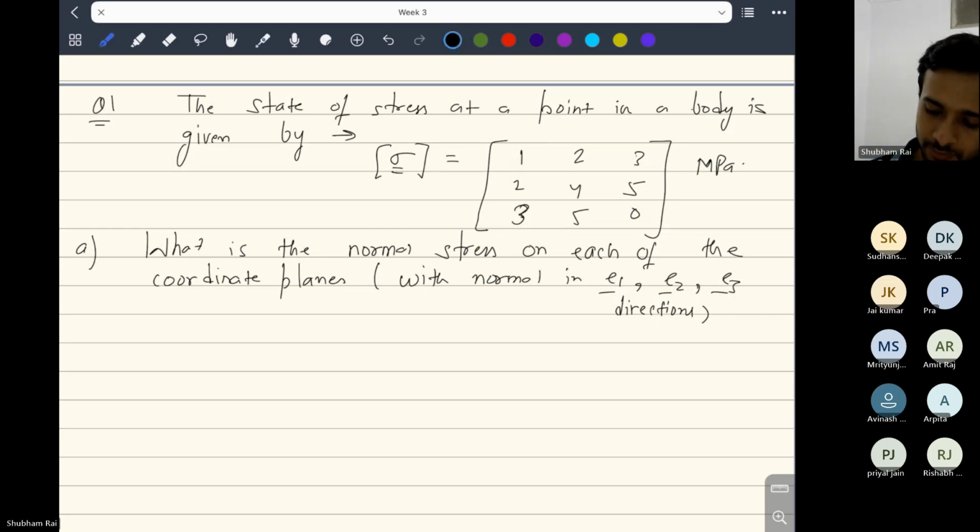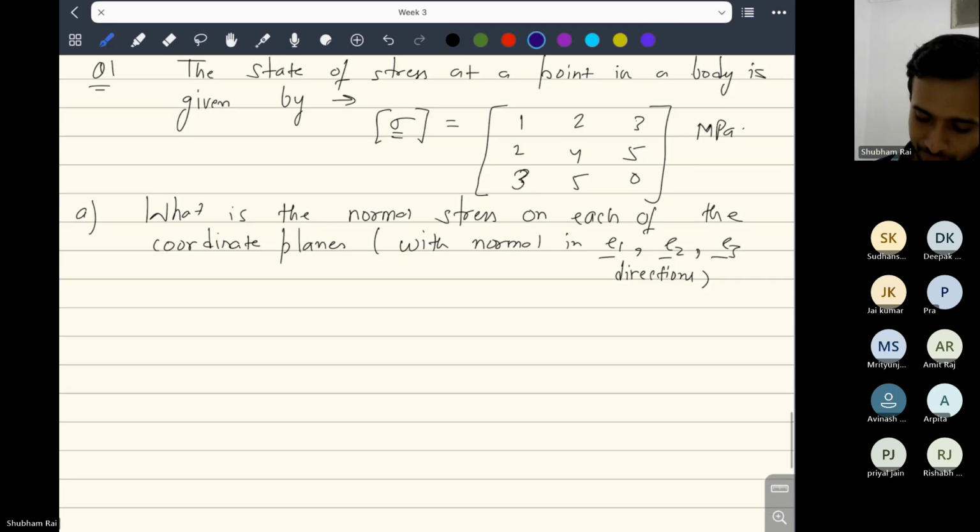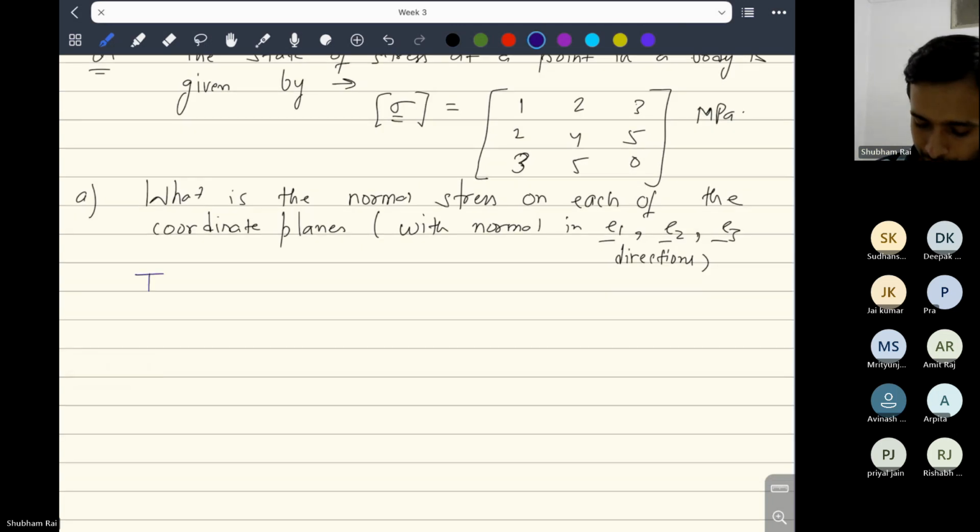So it is right. The normal stress on E1 plane is how much? This is 1 megapascal. Now, similarly, can you tell me the normal stress on E2 plane?